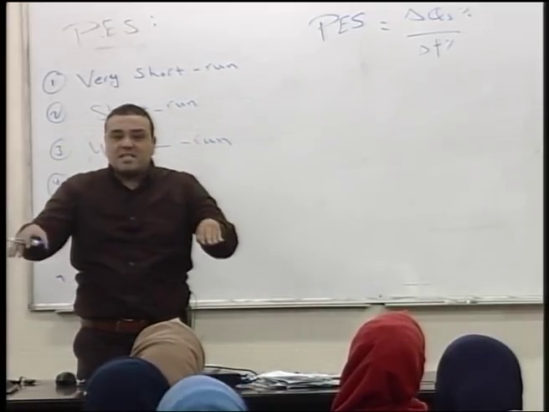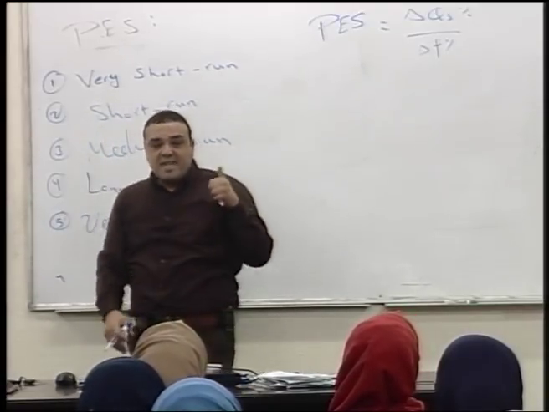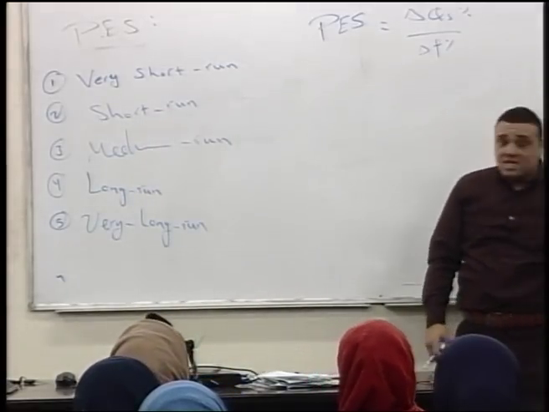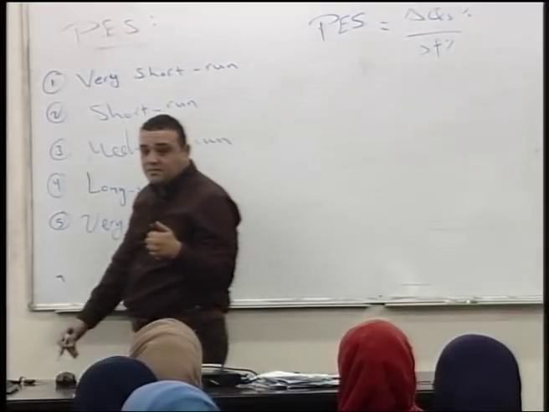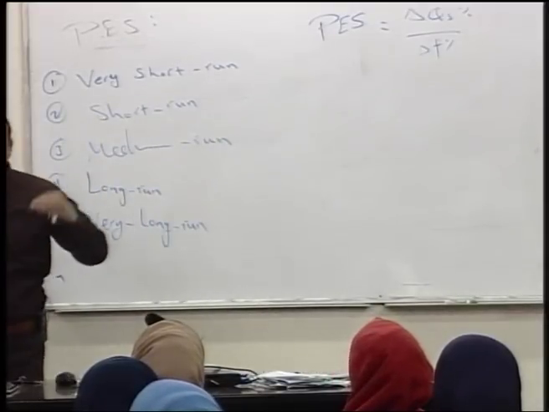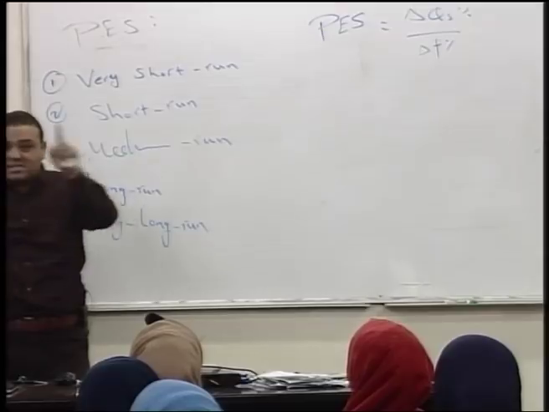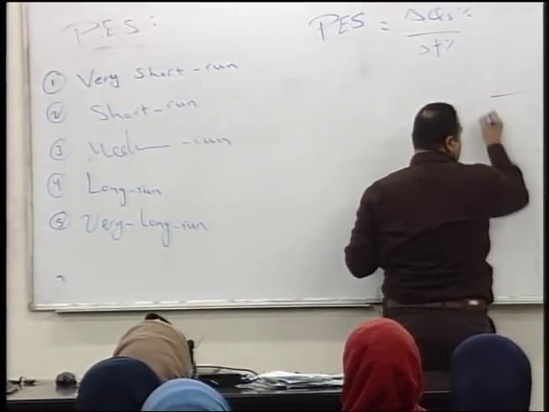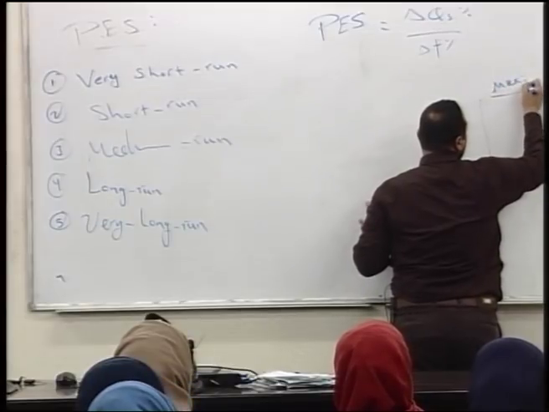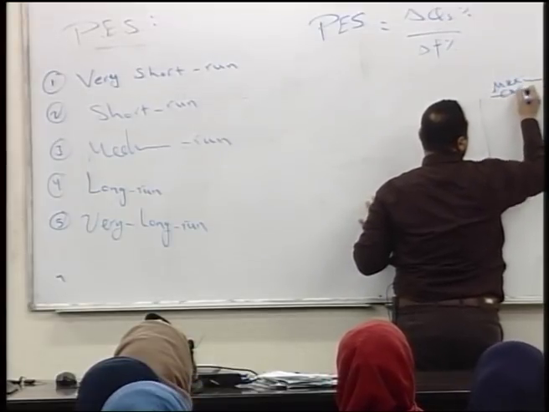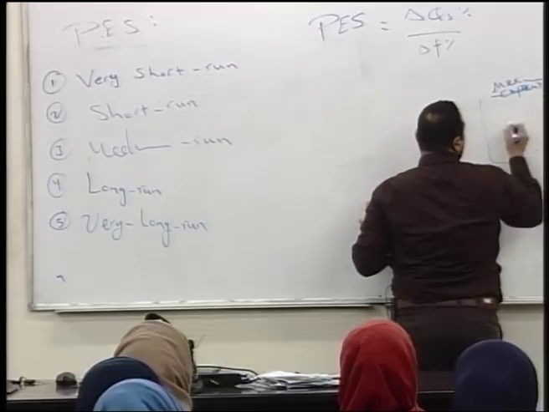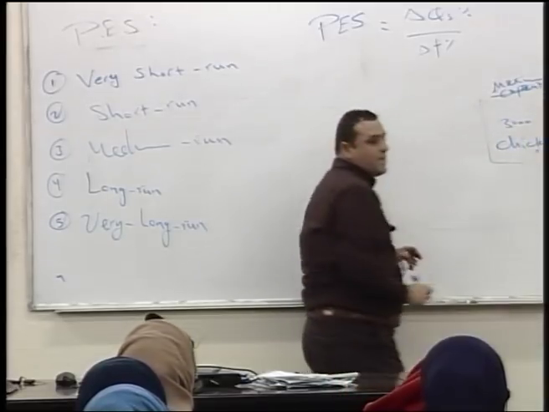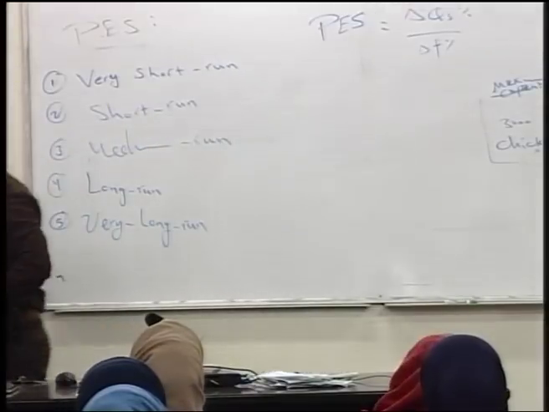The maximum capacity of this farm is 3,000 chicks. This is the maximum capacity to produce. At maximum, how much does the farm produce? 3,000. This is the maximum capacity, 3,000 chicks.